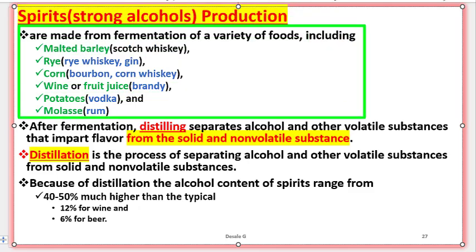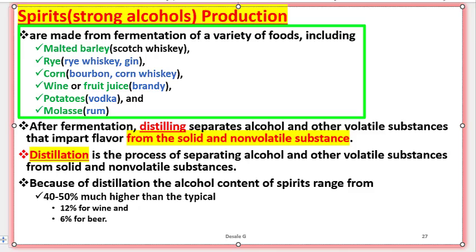That means spirits or the strongest alcohols are made from fermentation of a variety of foods, including malted barley, rye, corn, wine or fruit juice, potatoes, and molasses.